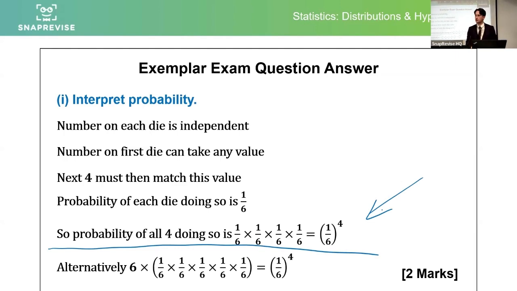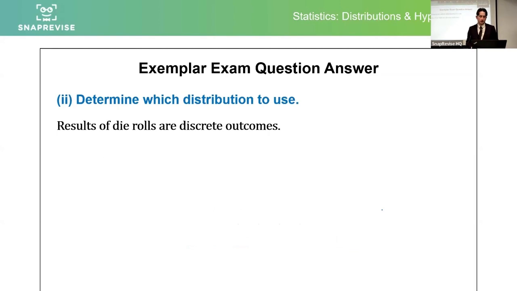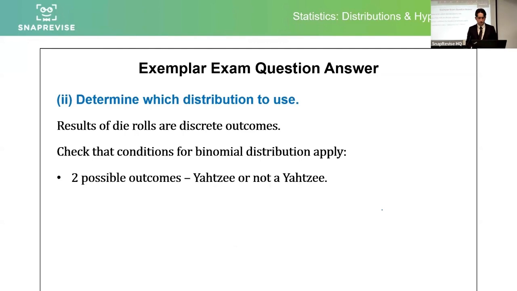Right, let's do part 2 of the question. So this one, we want to work out the chance that it happens 3 times. Now, the results of the die are discrete outcomes. There are 2 outcomes, Yahtzee or not a Yahtzee. This is very common, actually, that they'll use the first part of the question to inform the probability for the second part.